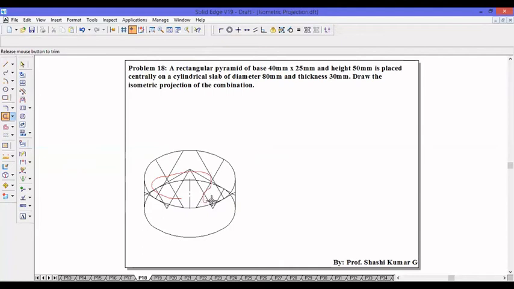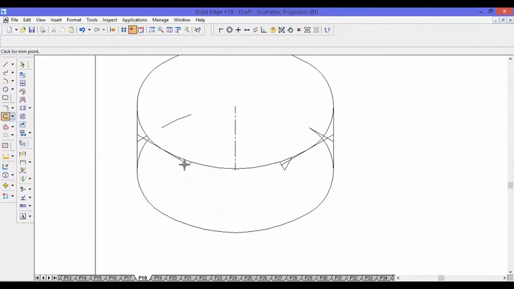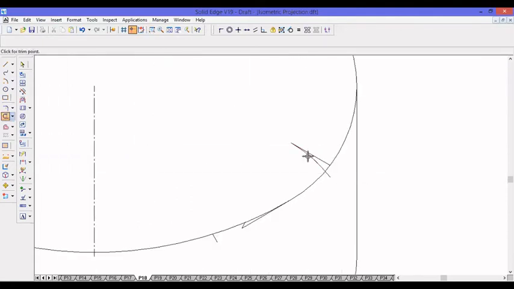Just trim the construction edges. Here we need to place the rectangular pyramid, so don't delete the axis. Only the construction lines and interior parts we can trim. Make use of zoom to trim the unwanted edges.